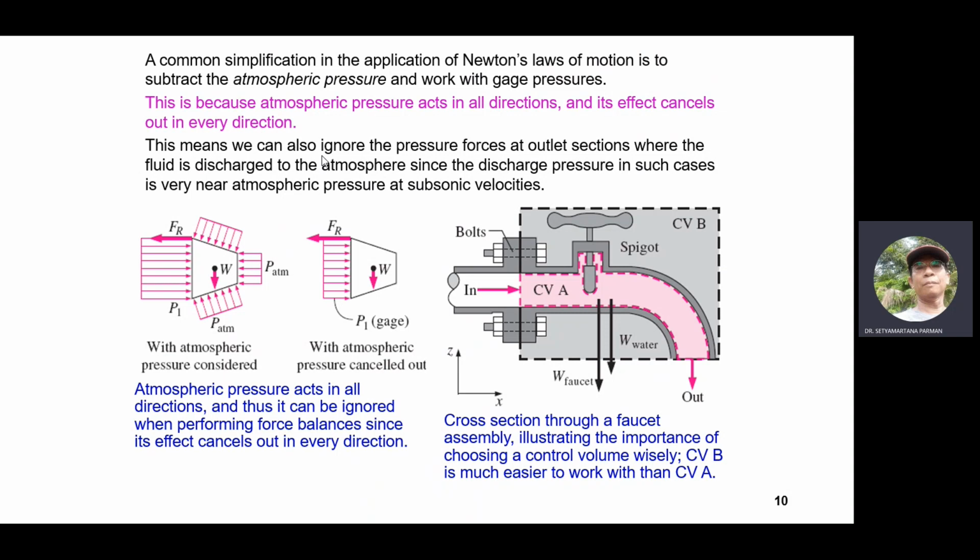This means we can also ignore the pressure force at the outlet section where the fluid is discharged to the atmosphere, since the discharge pressure in such cases is very near atmospheric pressure at subsonic velocity.